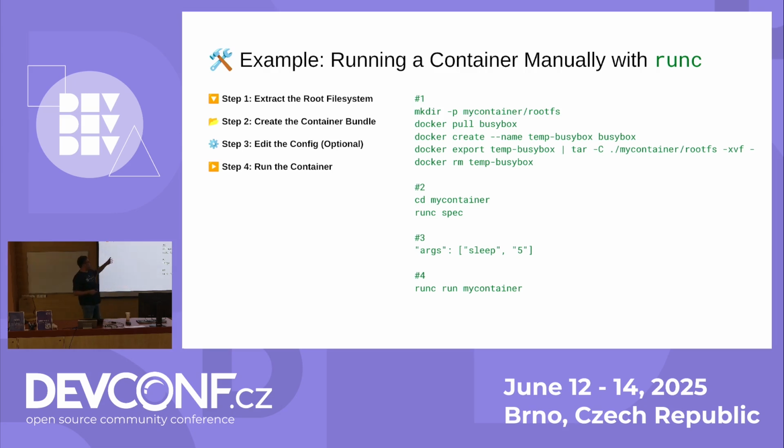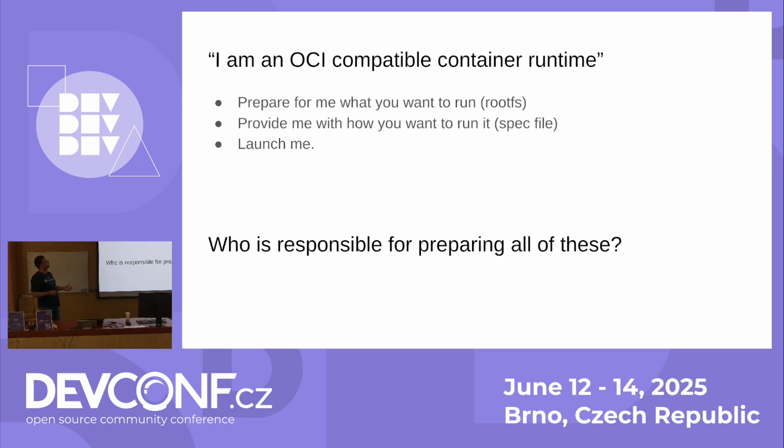So here's an example where you pull the image, and then you create some default spec with runc, and then you can run the container. So basically, if you are an OCI compatible container runtime, you say: prepare for me what you want to run and how to run it, and then you need to launch it.